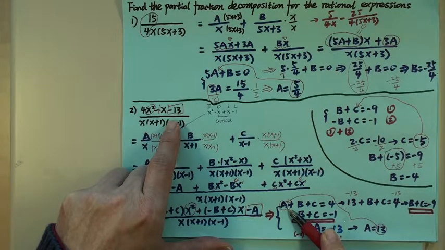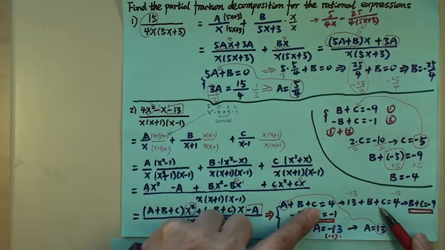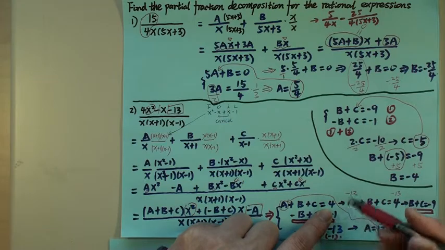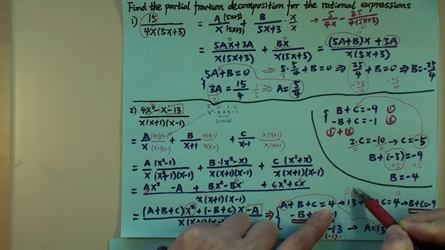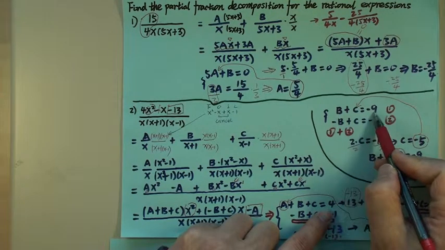Then 13 plus b plus c is 4, and then both sides subtract 13. We can cancel these two numbers, and b plus c equals negative 13 plus 4, which is negative 9.